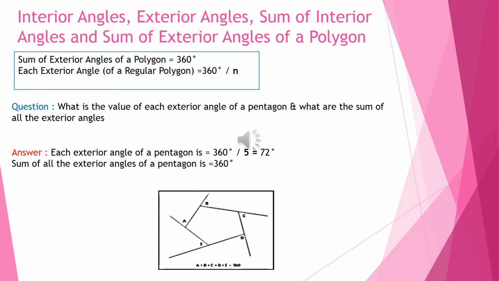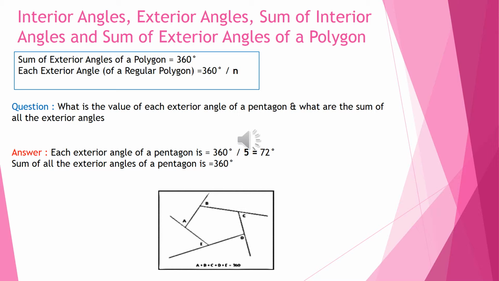Now for the formula of exterior angles. The formula for each exterior angle of a regular polygon would equal 360 degrees divided by n, and in this case n would stand for the number of sides. Now we should remember that the sum of exterior angles of a polygon is 360 degrees. Ready for another question?